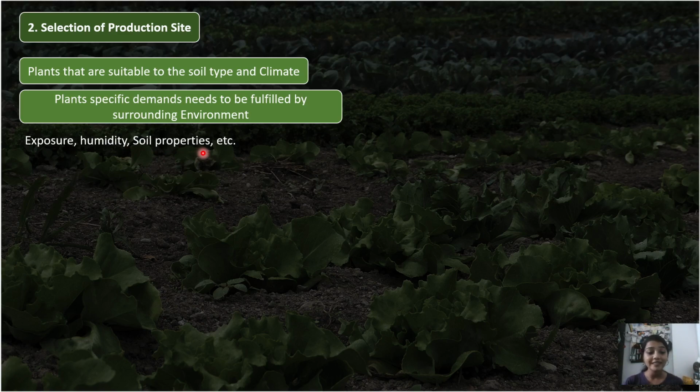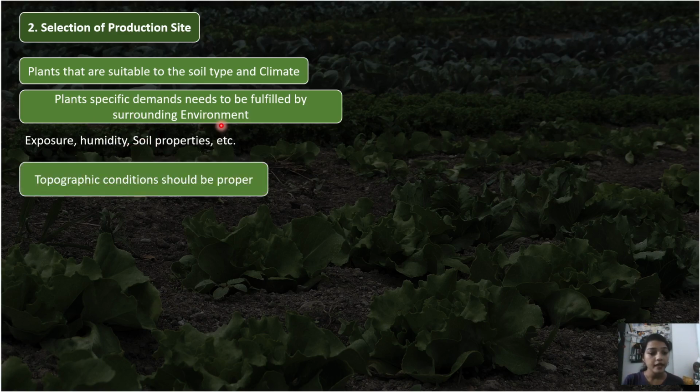A plant that requires hot temperature, if you try to grow it in a cold environment, will not grow, or even if it grows, it will become weak and will not give you good results. So you should grow a plant in such an environment from where it can easily get all its environmental needs fulfilled, right? The third point is that the topographic conditions should be proper.